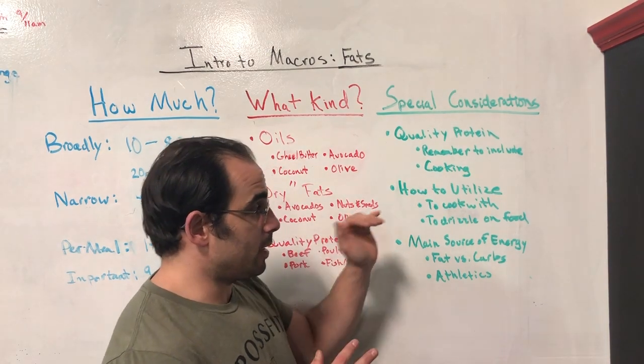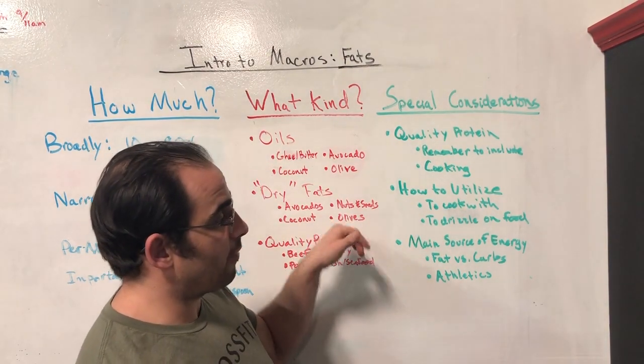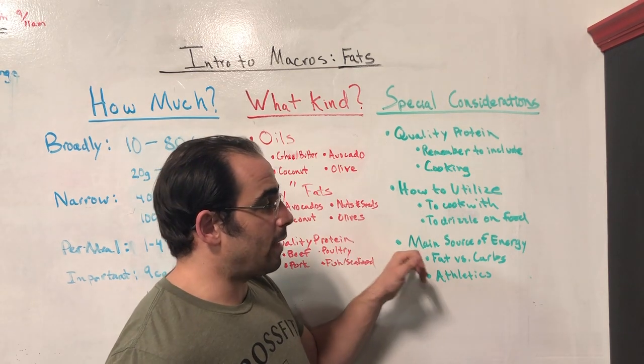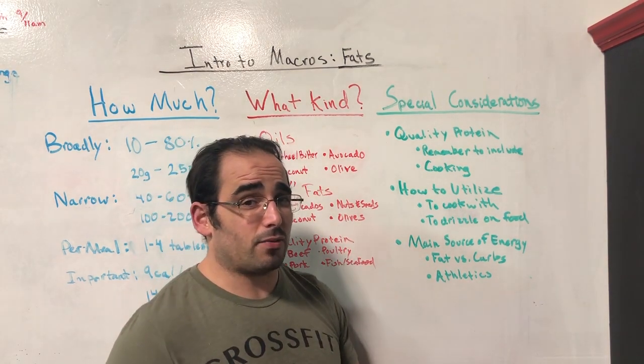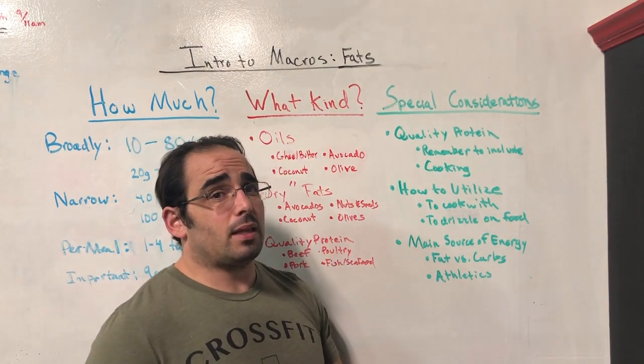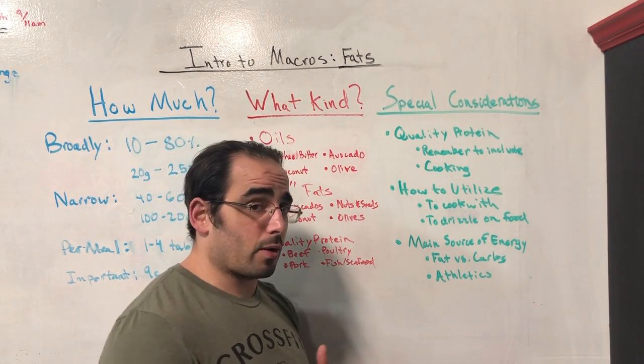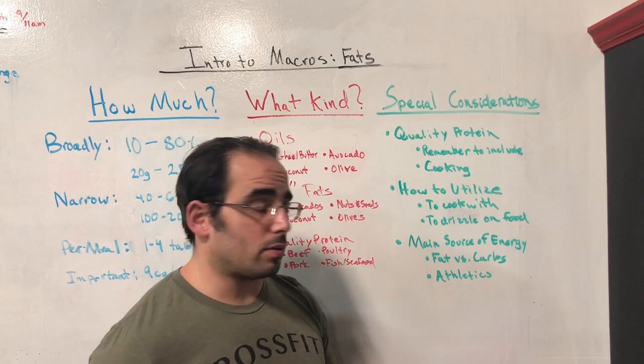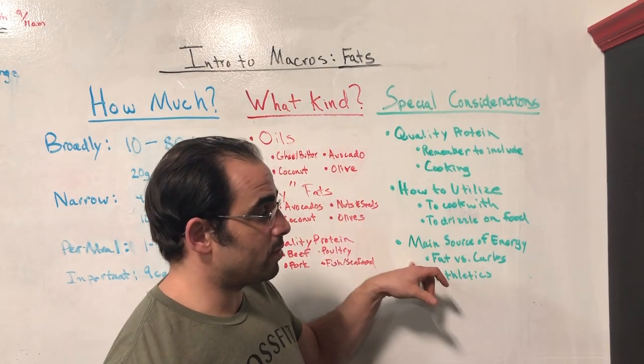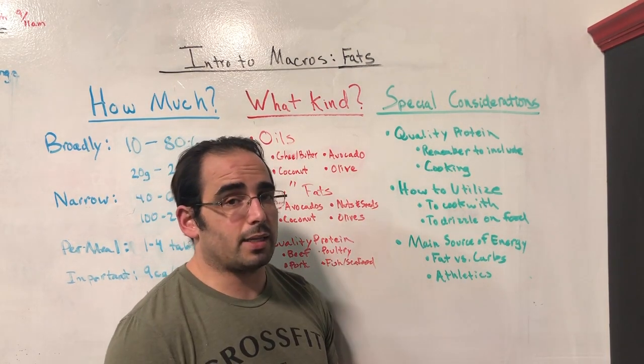Those are really the two main ways. You can also have them as dry fats. And then remember that fats are going to be your main source of energy for the vast majority of activities that are not very taxing on the body, walking around, moving, doing general things. Fat is going to be your main fuel source, and then carbs are more for high intensity athletics.